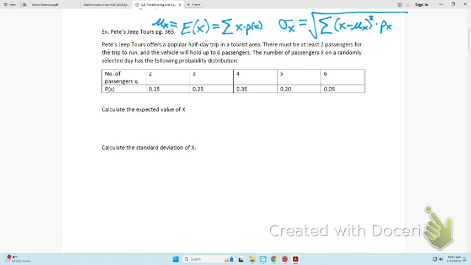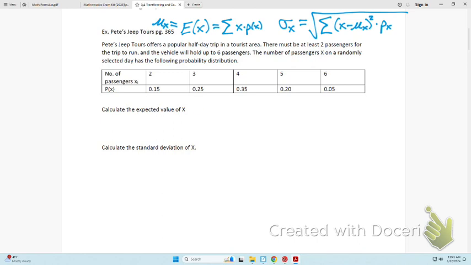This guy, Pete, is doing Jeep tours, and he's going to have at least 2 passengers on a trip, and looks like up to 6. Over the years, this is the proportion of trips that fall into each of those categories. So 25% of the time, he has 3 passengers.